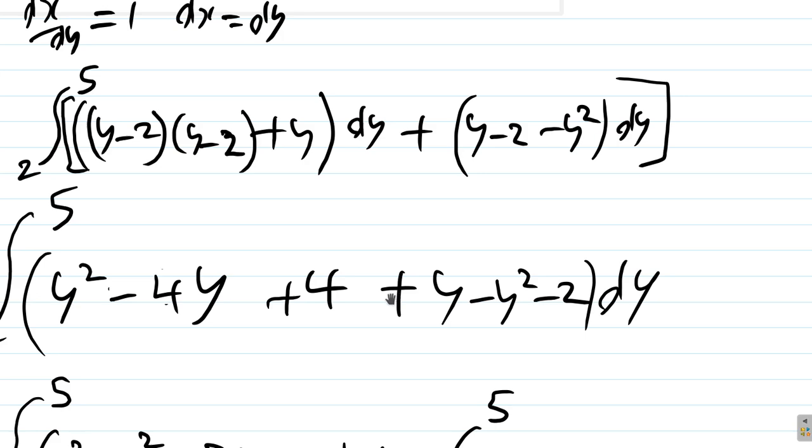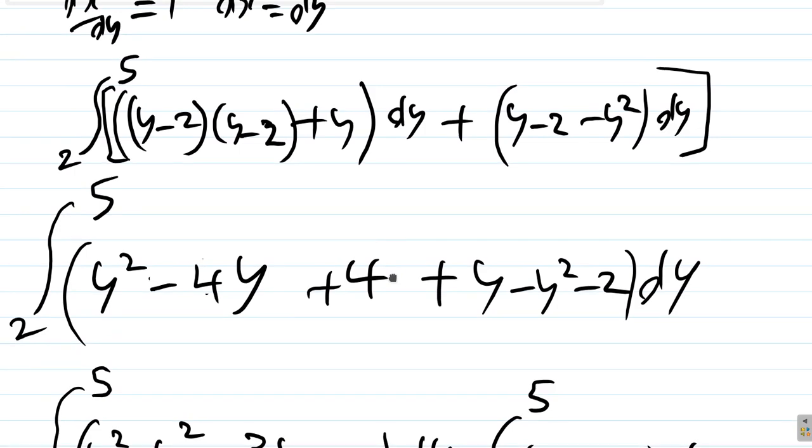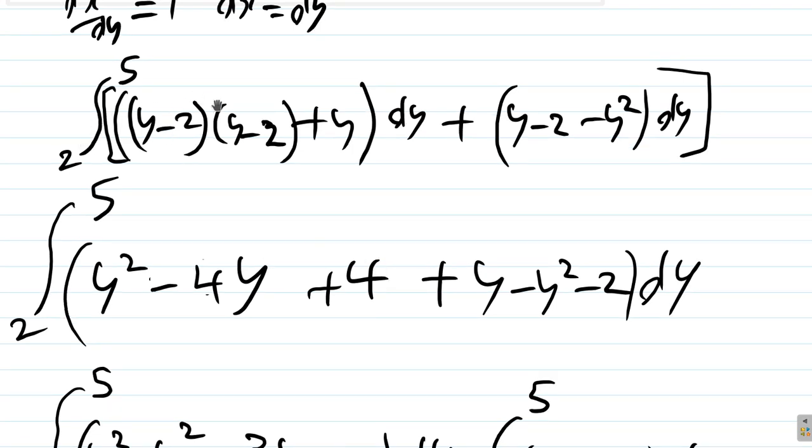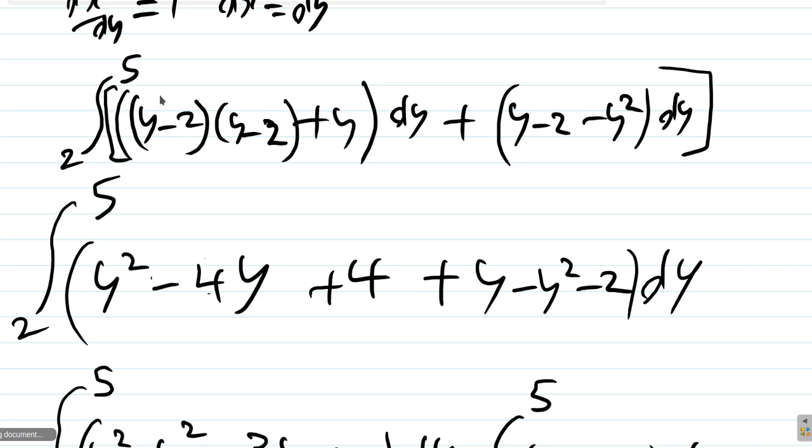Hold on. Where's the plus y here? Hold on. Y squared minus 2y minus 2y is minus 4y, plus 4, right? Then this plus y. I didn't bring this y down.